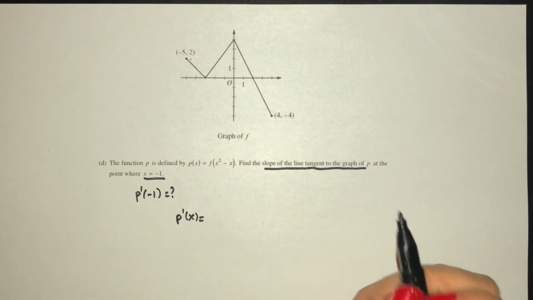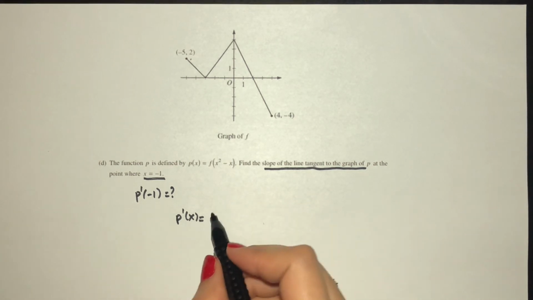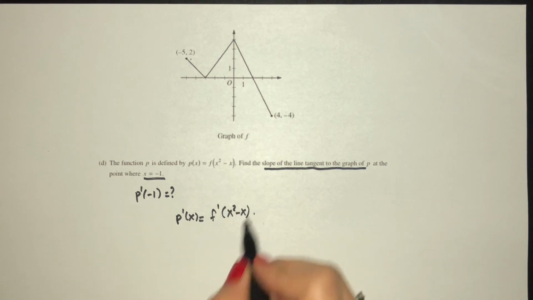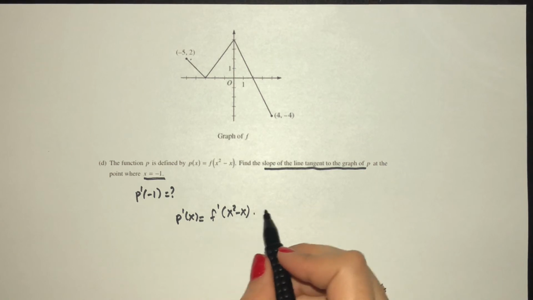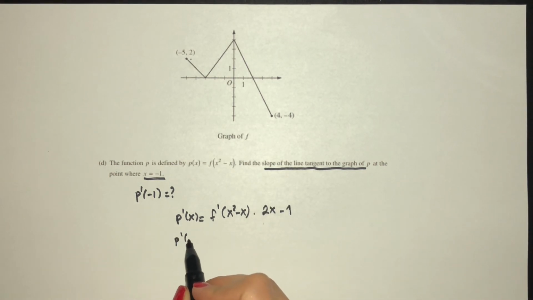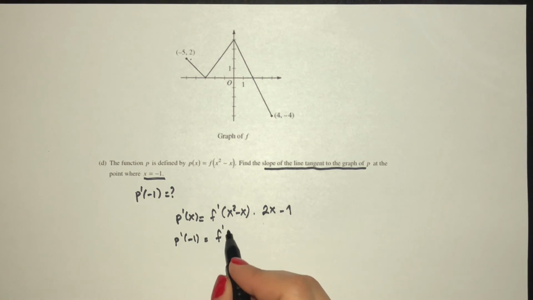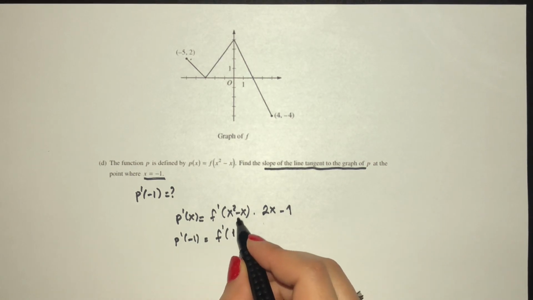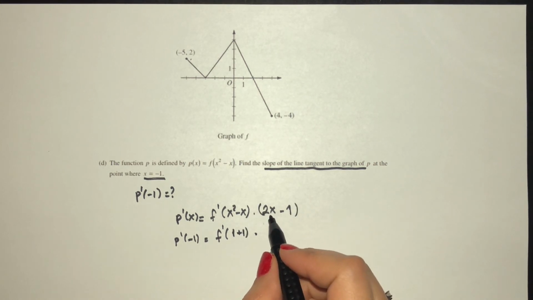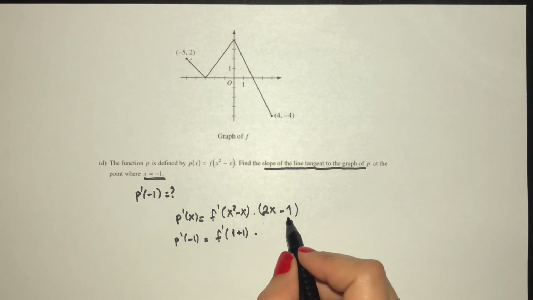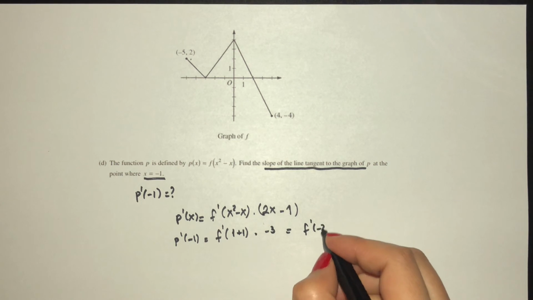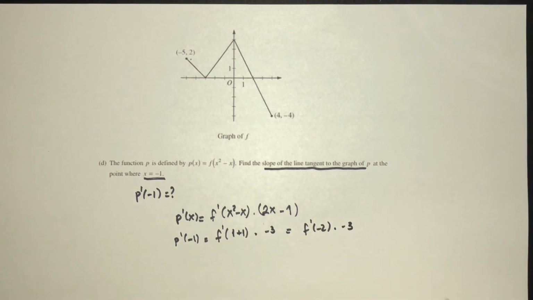This will be the derivative of a composite function, so use the chain rule. f prime of x squared minus x times the derivative of x squared minus x, which will be 2x minus 1. And if we put -1 instead of x, -1 squared is 1, minus times -1 plus 1, that is 2, and 2 times -1 is -2 minus 1 is -3. f prime 2 times -3.